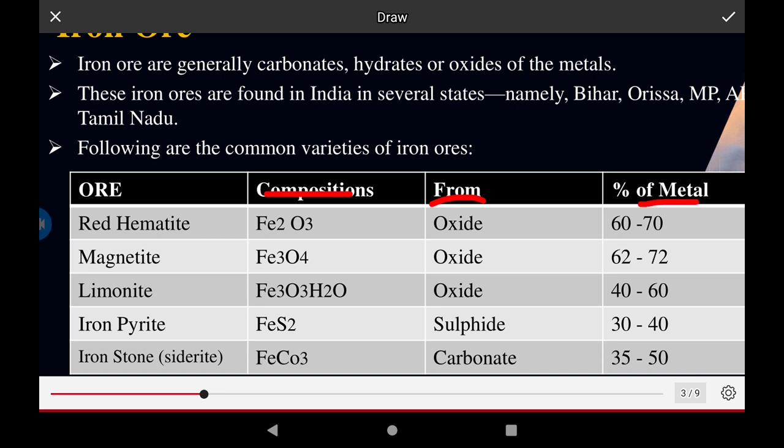Red hematite: chemical formula Fe2O3, found in the form of oxide, 60 to 70%. Magnetite: Fe3O4, found in the form of oxide, 62 to 72%.